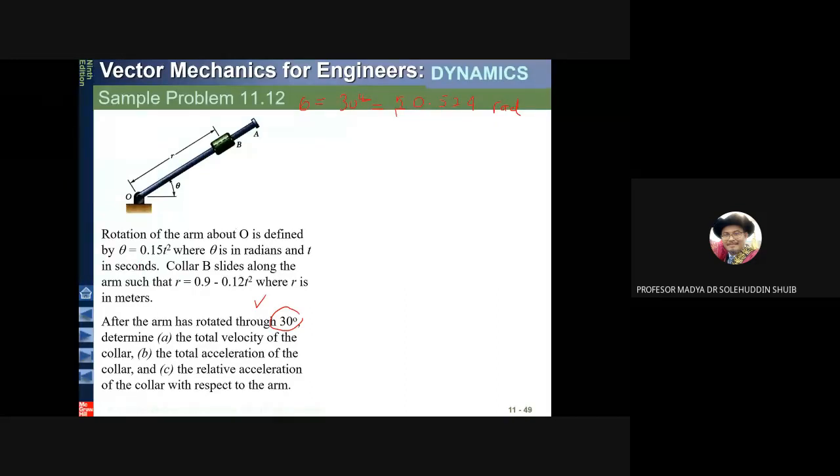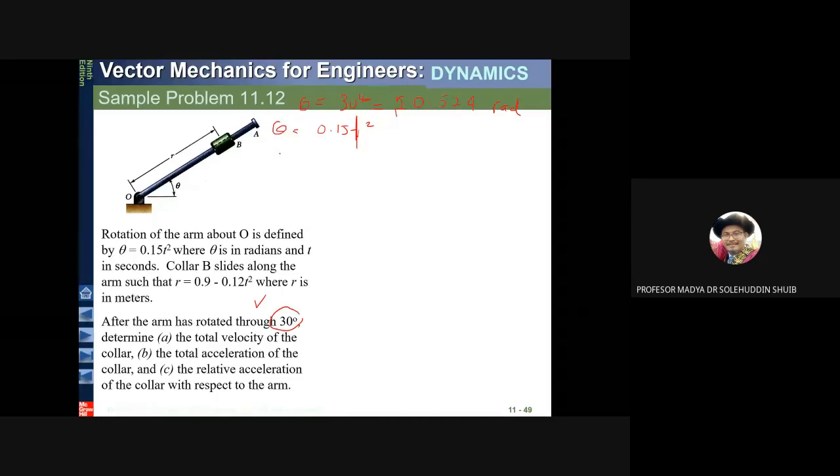So we look at the expression of theta, which is theta equal to 0.15 t square.